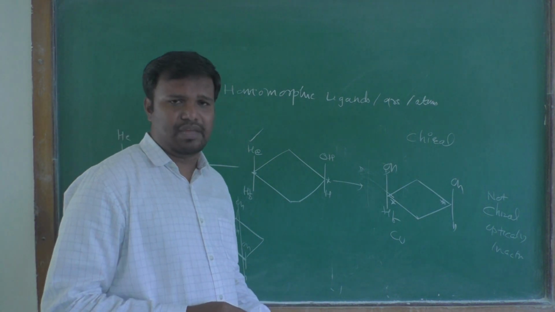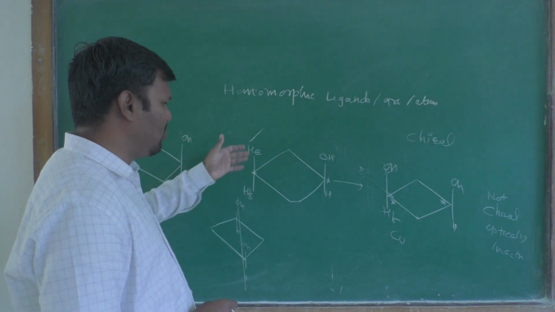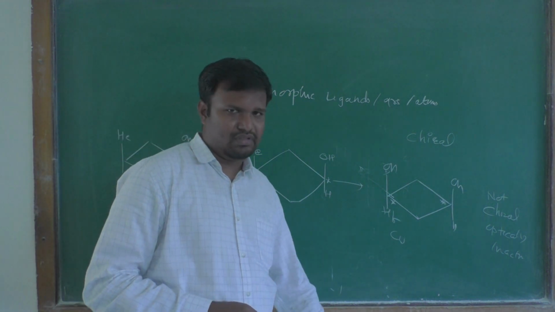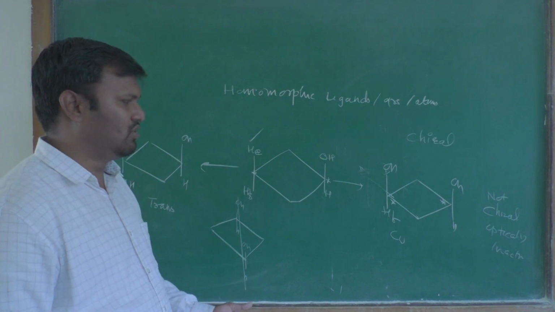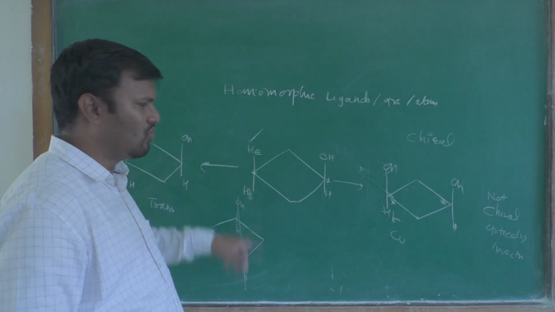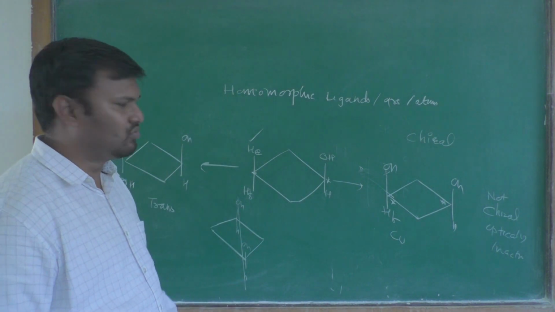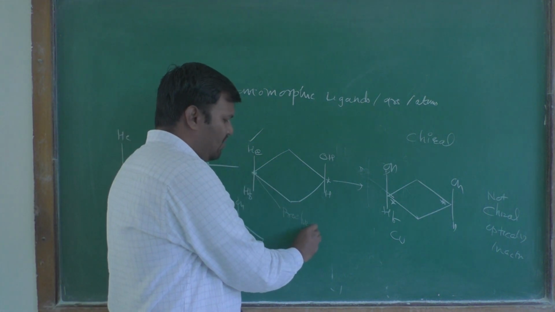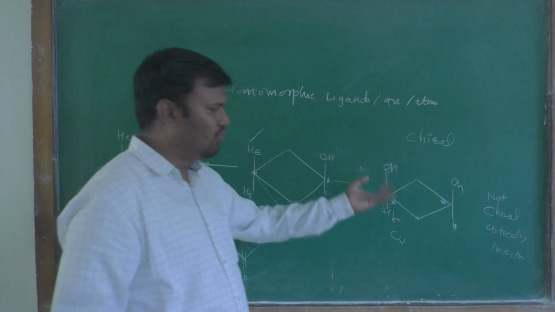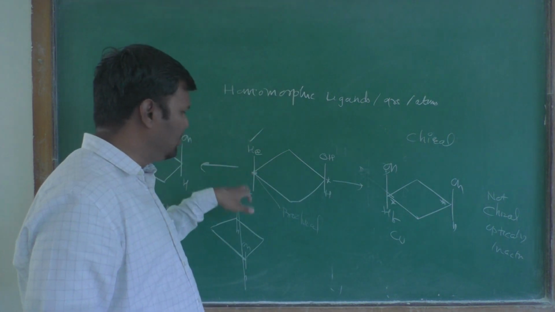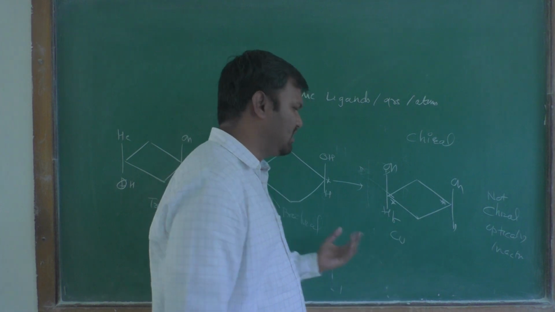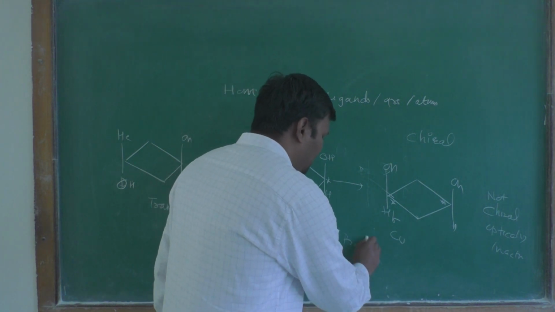Therefore, for such types of centers, after replacing Hf, a chiral center is produced. Therefore, we have seen the definition: when you replace such protons and a chiral center is produced, then that center is called the prochiral center. But when you produce a new compound by replacing these two, the new compound obtained is not a chiral one. Therefore, that center is not called the prochiral center.